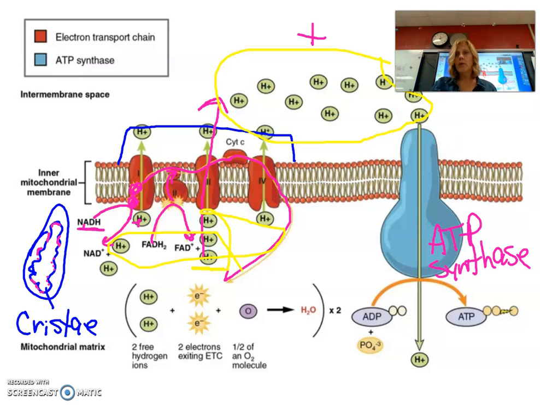So we have a lot more of the protons, a buildup of charges that's happening in this inner membrane space. Nature doesn't like that concentration gradient, and I always like to compare it to a lightning storm.